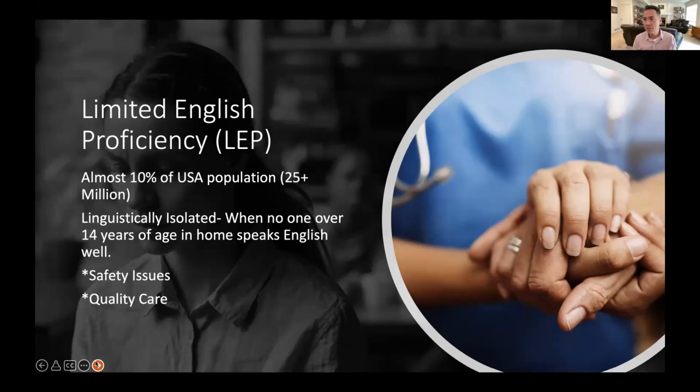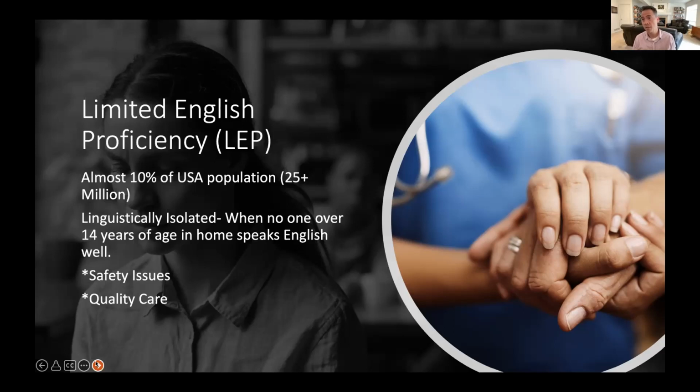This was my situation when my mother immigrated to the United States in the early 1970s. She definitely had limited English proficiency. It impacted her ability to, she didn't know how to drive either. So she was socially isolated.